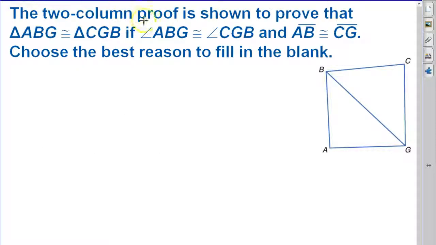Now let's look at a quick proof that uses side, angle, side. We're going to write a two-column proof to show that triangle ABG is congruent to triangle CGB, if angle ABG and angle CGB are congruent, and AB is congruent to CG. How do we know how to prove this congruent?